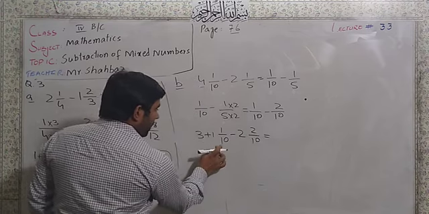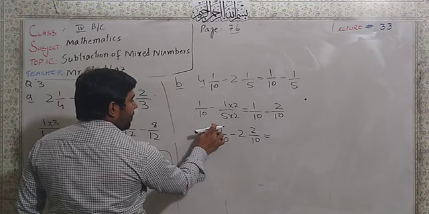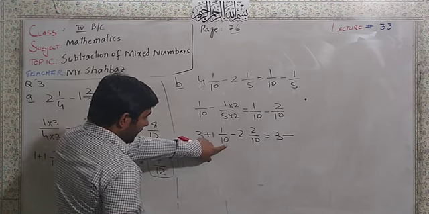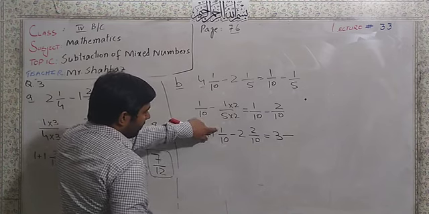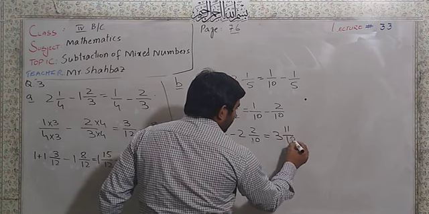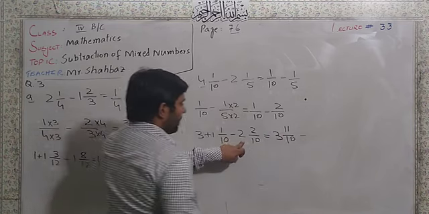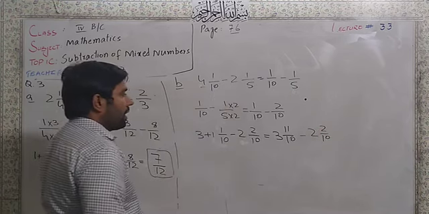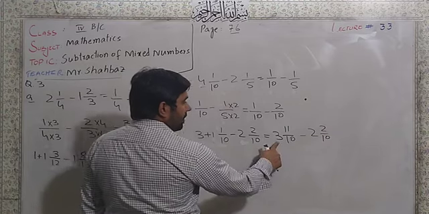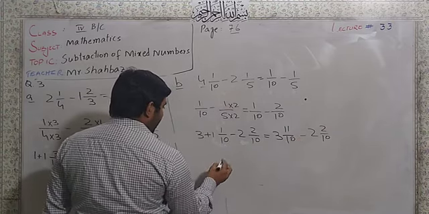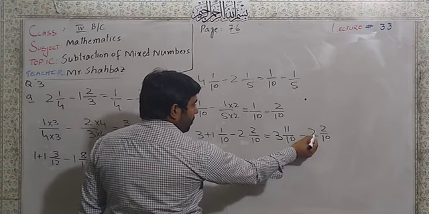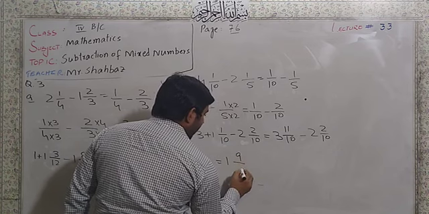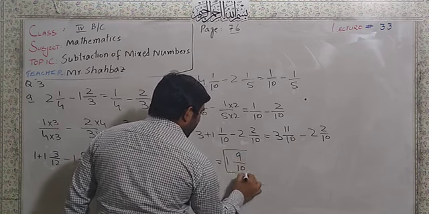So 10 ones are 10 and 1 is 11, 3 whole number, 11 over 10 minus this will be as it is 2 over 10. We can subtract easily. 3 minus 2 will be 1. 11 minus 2 will be 9, and this is denominator and answer.